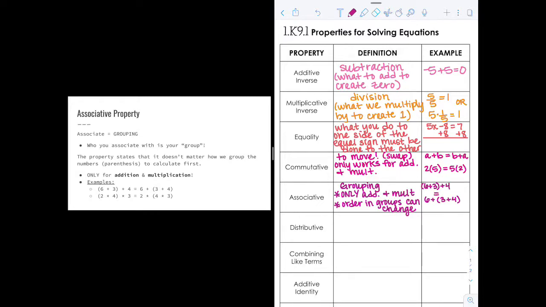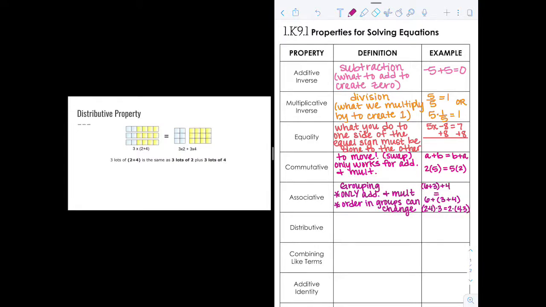If I have 2 times 4 grouped together and then multiply that by 3, that is the same answer as 2 times 4 times 3 grouped together, okay? Only works for addition and multiplication. This is helpful if you need to rearrange an equation to make it more comfortable for you to solve. You can use this idea.